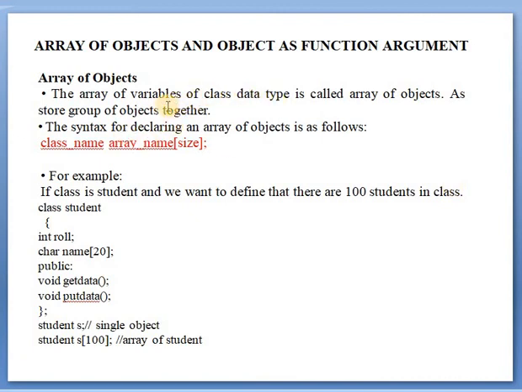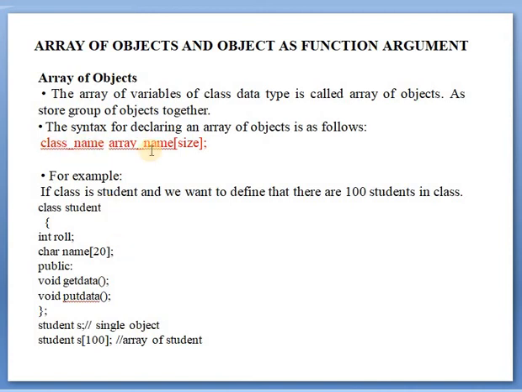So what does variable of class data type mean? Object. A variable of class data type is an object. So array of objects means the collection of objects of the same class, stored as a group together. See here the syntax of how to declare an array of objects.